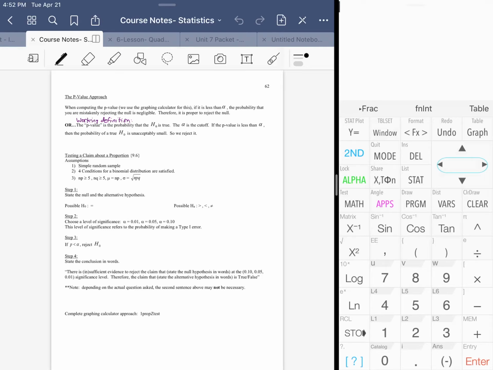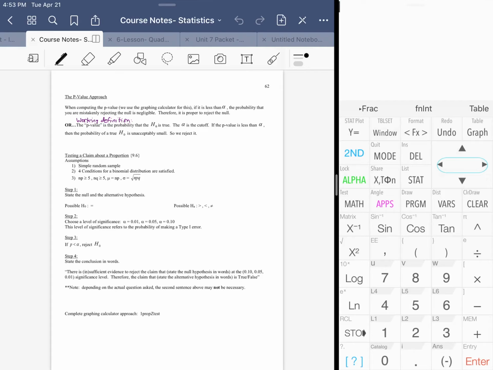So it's all calculator work. Once you get a particular value known as the p-value, you use that to draw a conclusion. That conclusion follows a particular template. You can't deviate from the template lest you lose credit, so be very, very careful about that.